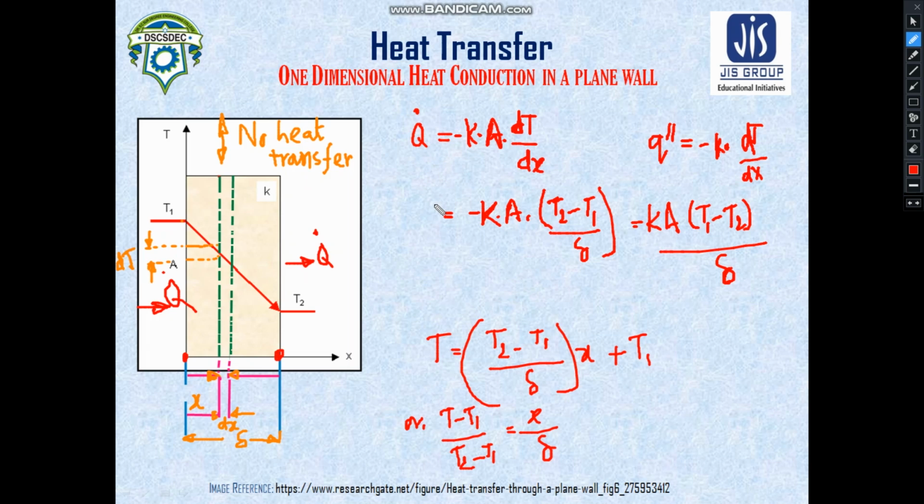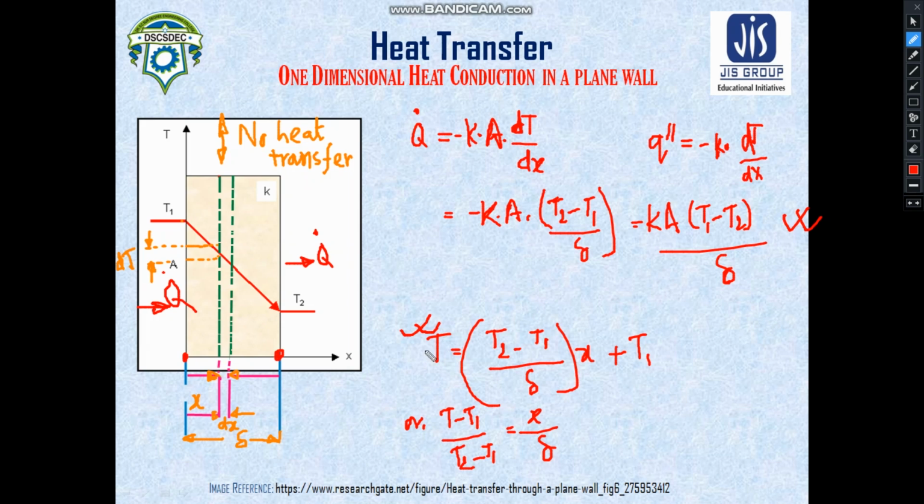Now this heat transfer rate can be found out in an alternative way. I will show you after a few minutes. So before that, I would like to revise the things which I have said. So this is your temperature distribution and this is your heat transfer, which is going on through the plane wall.